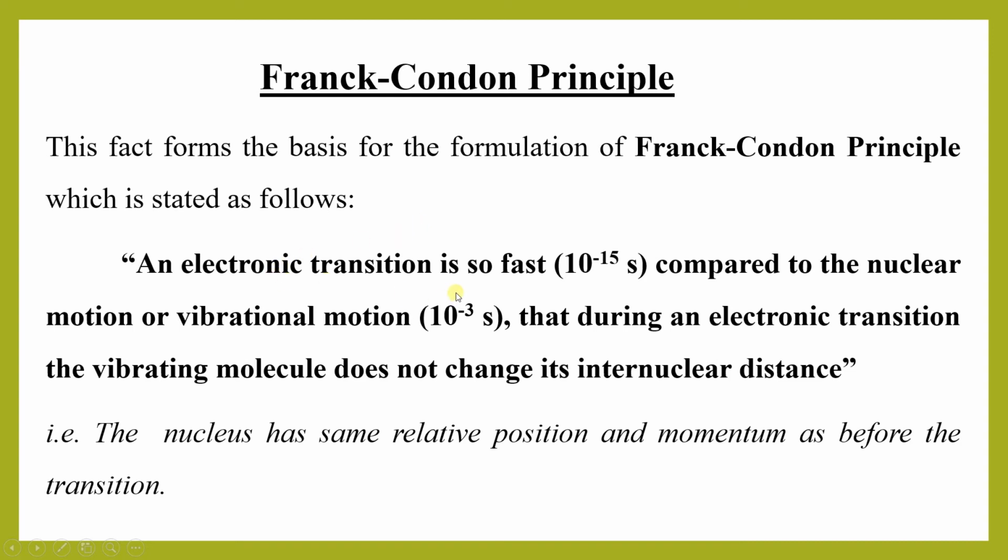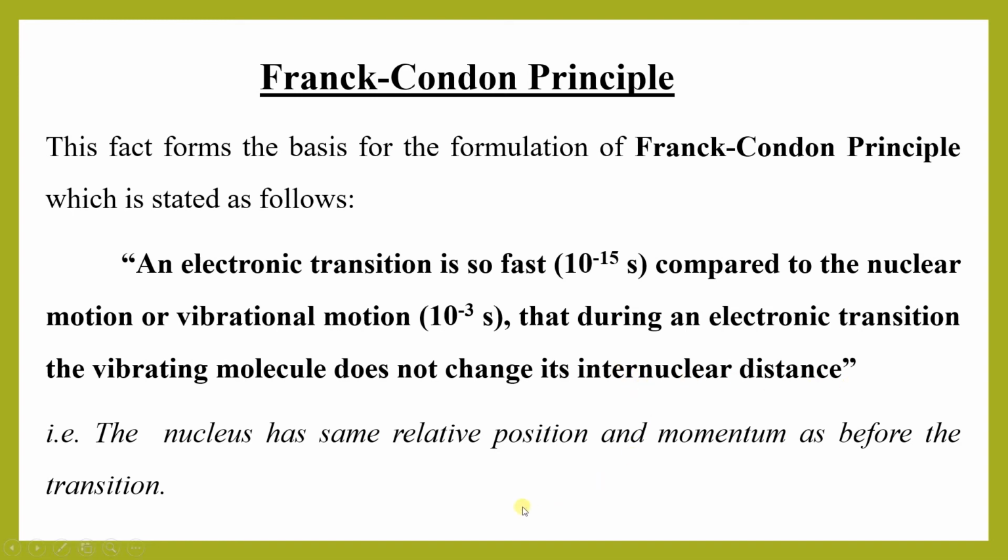An electronic transition is so fast, that is 10 to the power of minus 15 second, when compared to the nuclear motion or vibrational motion, 10 to the power of minus 3 second, that during an electronic transition the vibrating molecule does not change its internuclear distance. So this is a very important statement.